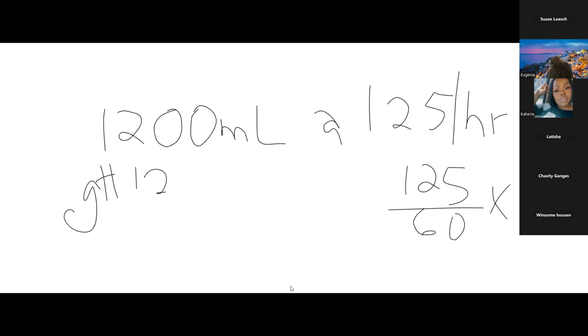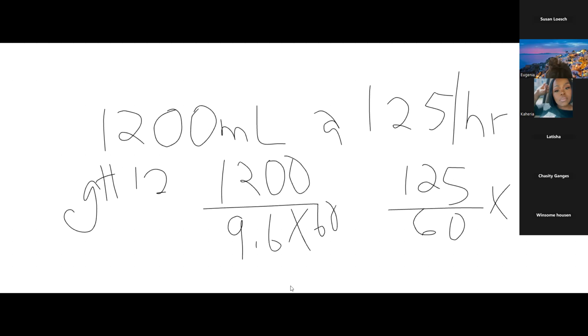And now I'm going to do it the other way, which is the 1,200. I'm going to divide that by 125. And that gave me 9.6. Remember, I have to multiply that times 60 to get my minutes, which gives me 576 minutes.